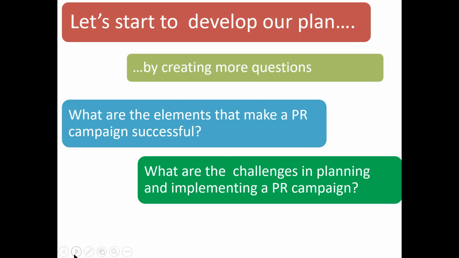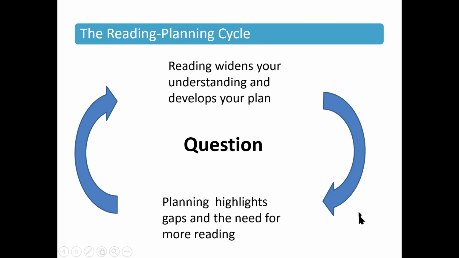So if we move on to the quite a simple reading planning cycle, all I'm saying is that once you've got your first sets of questions, you will start reading and getting more in-depth information about what's been talked about that was relevant in the lecture. And that becomes really important.